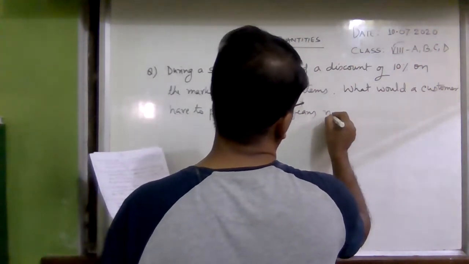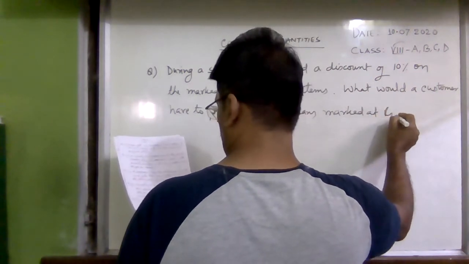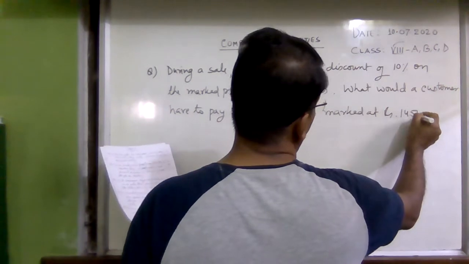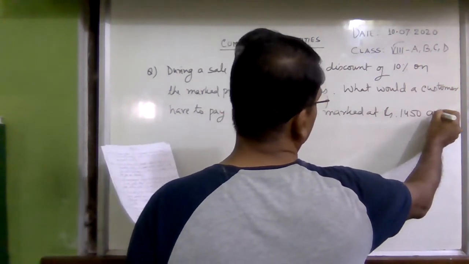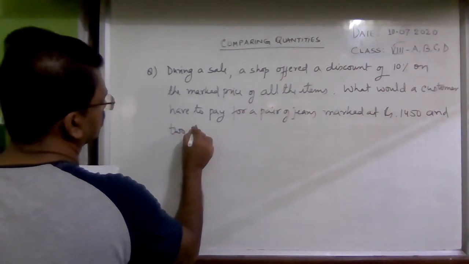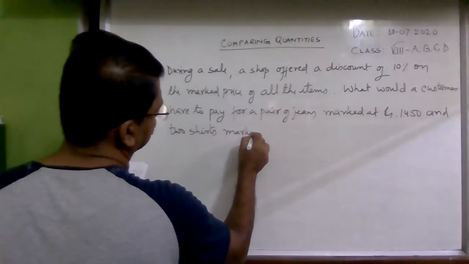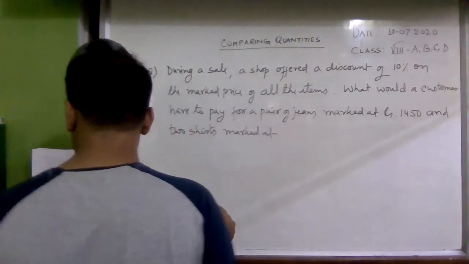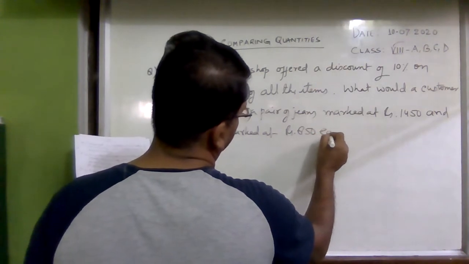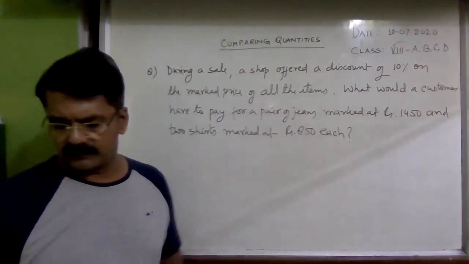marked at rupees 1450 and two shirts marked at rupees 850 each.